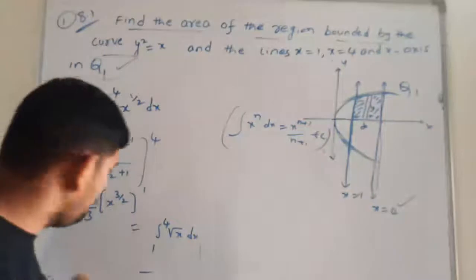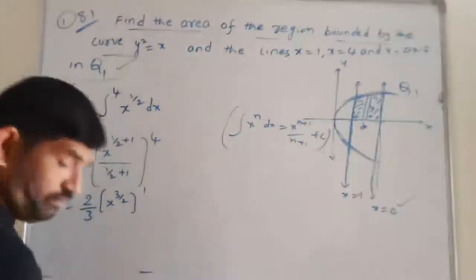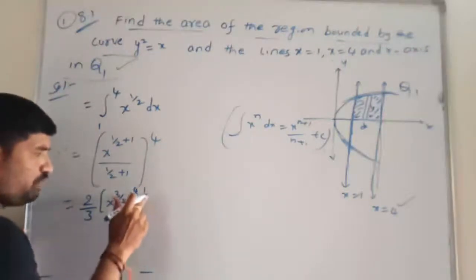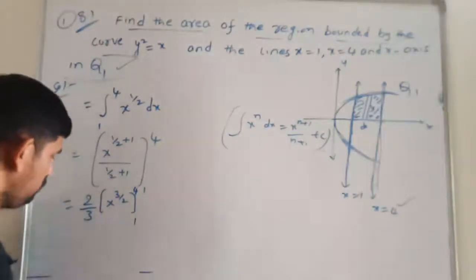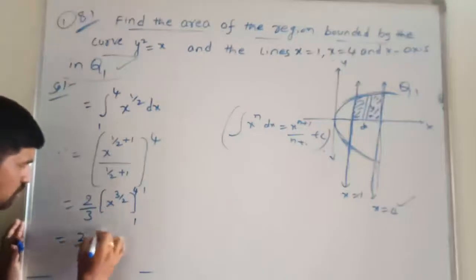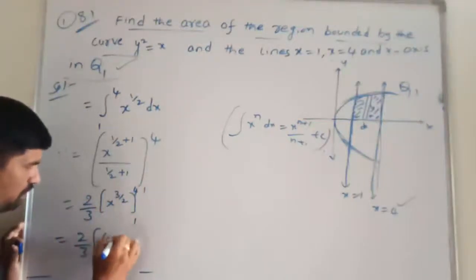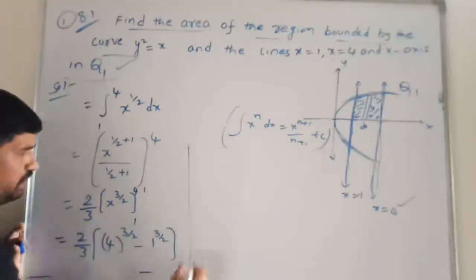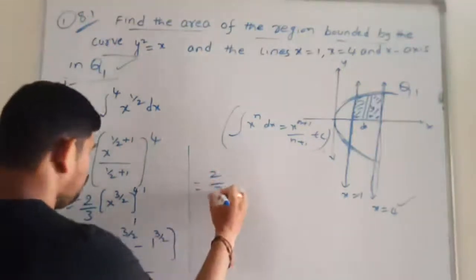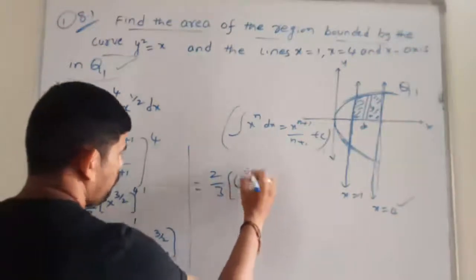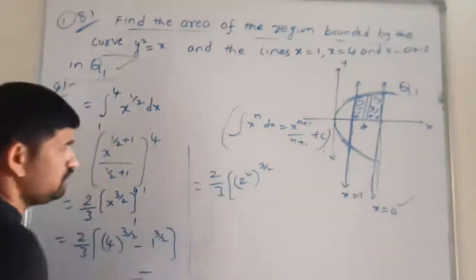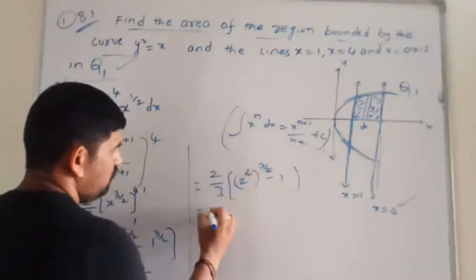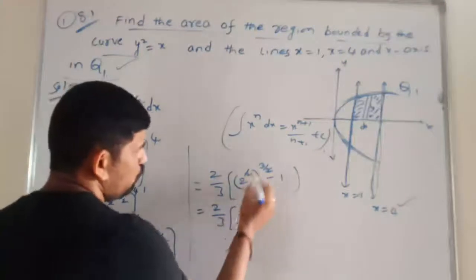The lower limit is 1 and the upper limit is 4. So 2 by 3 into, applying the limits, 4 power 3 by 2 minus 1 power 3 by 2, which is again 1. Finally, 4 can be written as 2 square, so 2 square over 3 by 2, minus 1. The 2 gets cancelled, leaving 2 cube, which is 8.